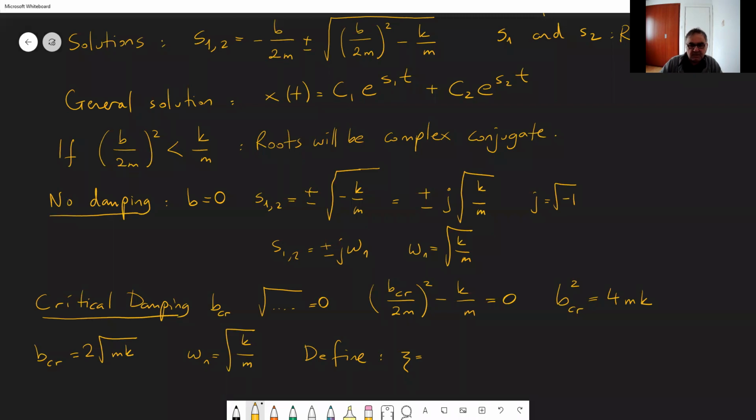This is zeta, the Greek letter zeta, b over b critical, which is b over 2 root mk. This is called the damping ratio, and it is a dimensionless quantity.